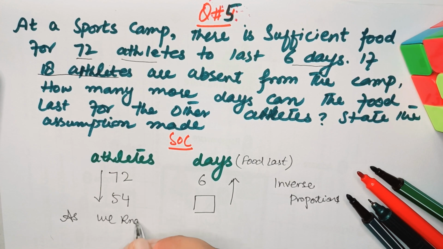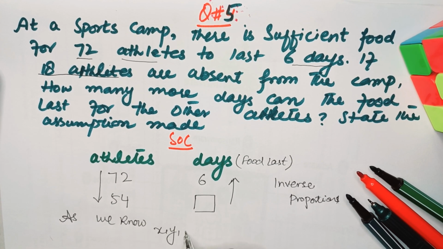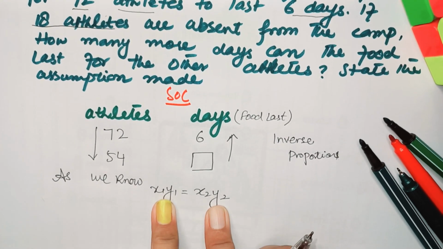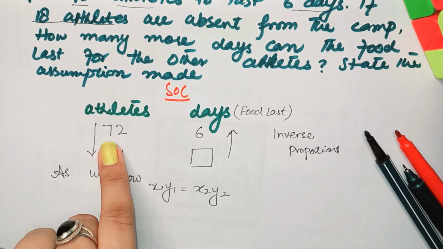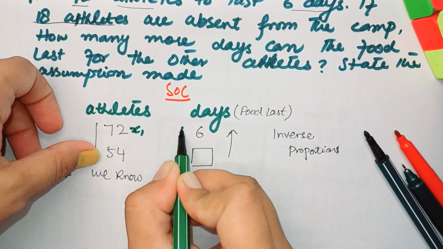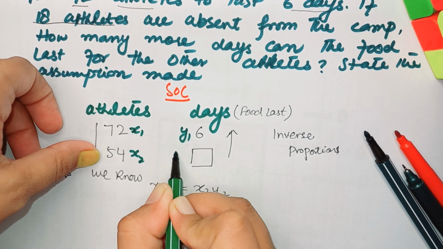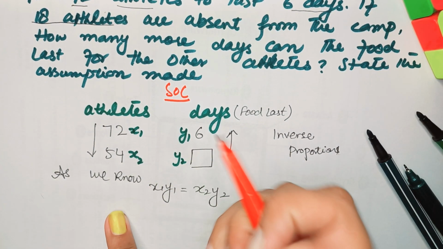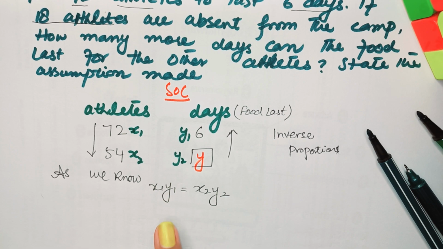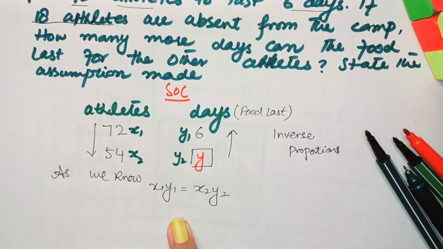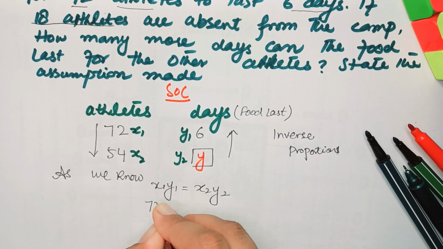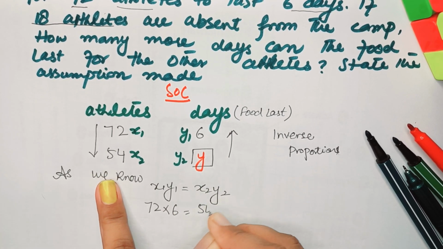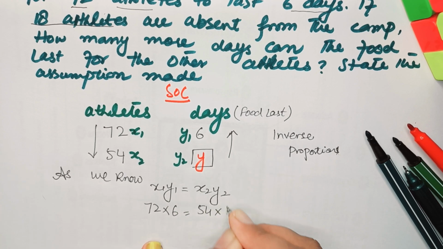As we know, x1 y1 equal to x2 y2 in the case of inverse proportion. So we have x1, we have y1, we have x2 and we have y2, and here we have to find this, so we can assume the number of days as y. Now dear students, we will put here x1 is 72 and y1 is 6, x2 is 54 and y2 we have, which we have to find as y.